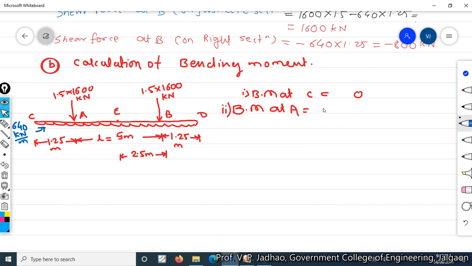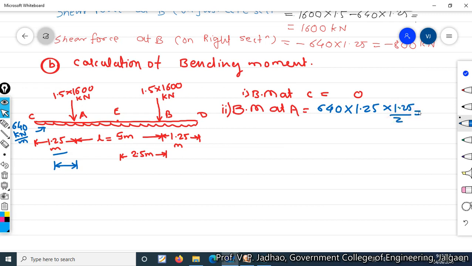Therefore bending moment at A will be 640 multiplied by the distance 1.25 meter, and this load will be acting at a distance 1.25 divided by 2, at the center of this 1.25.